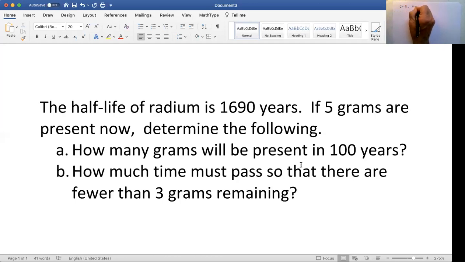Find P when T is 100 years. It's going to be pretty close to 5 because it takes almost 1,700 years to lose half. So in only 100 years, it's not going to lose very much.